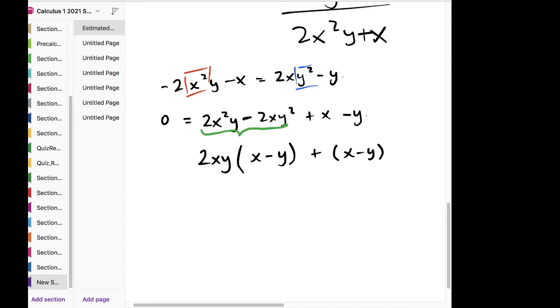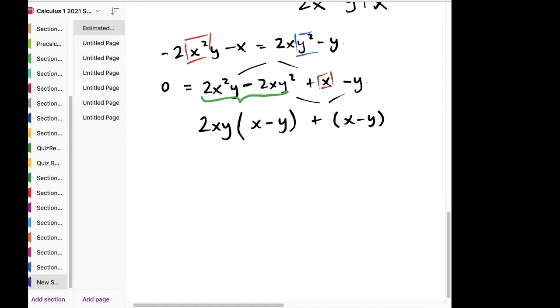Oh, I see. So if you pulled out this x as well, you'd be stuck with having an extra minus y at the end there. I see the 1 plus 2xy, like you would combine these two, and then maybe combine these two? That might actually also work. I just thought this one might be an easier approach.